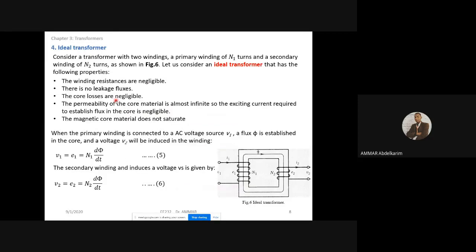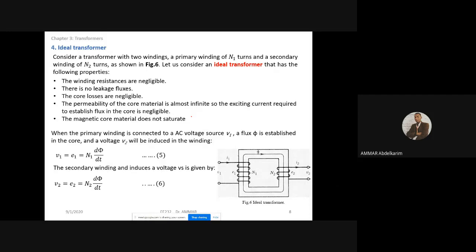Number 4, ideal transformer. Firstly, to simplify the study, let's consider our transformer as an ideal transformer. Then we are going to see the real transformer. Of course our focus is on the real transformer, but here, to simplify the study, let's start with the ideal transformer to understand such things.